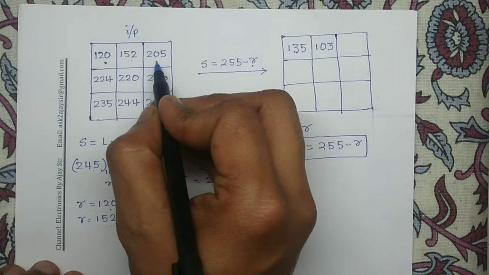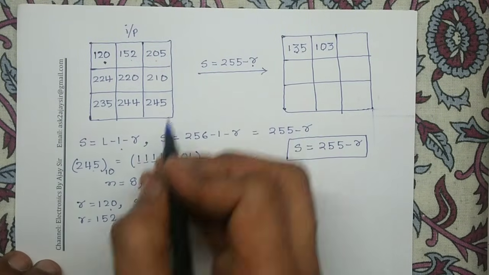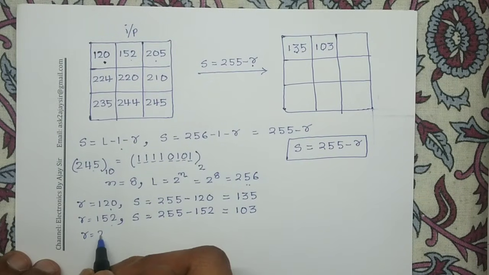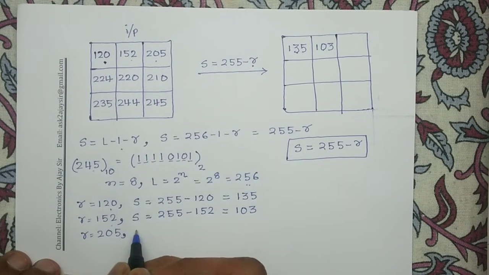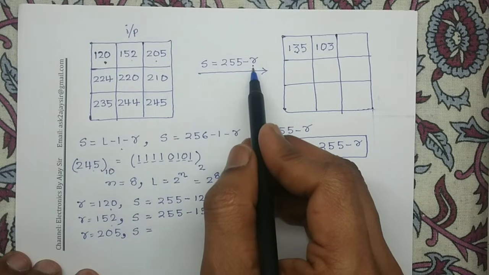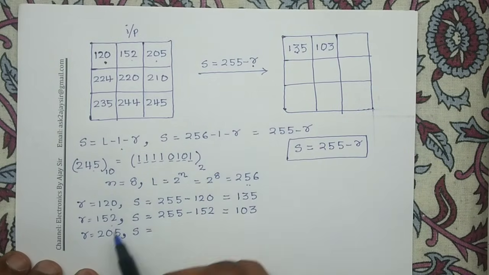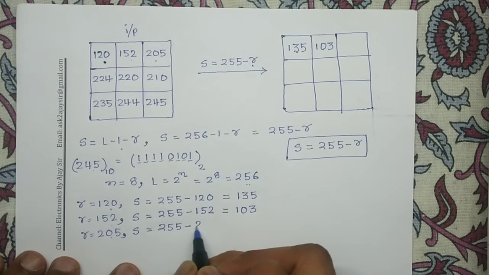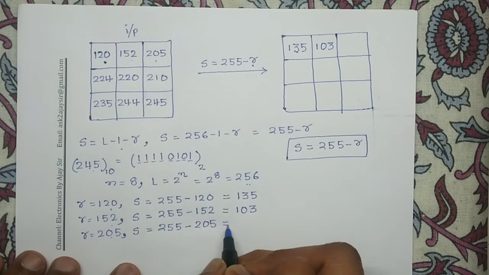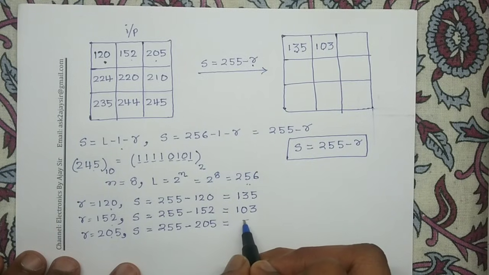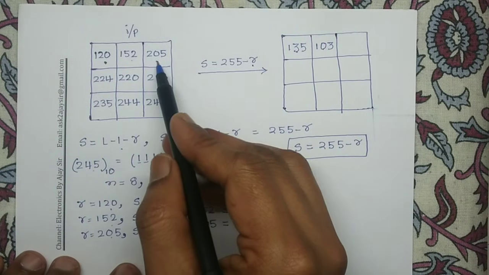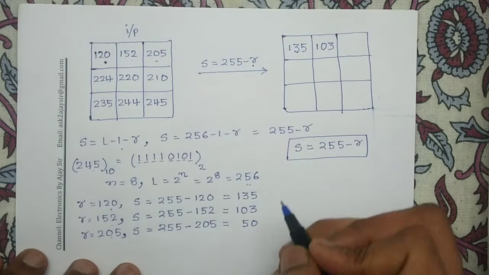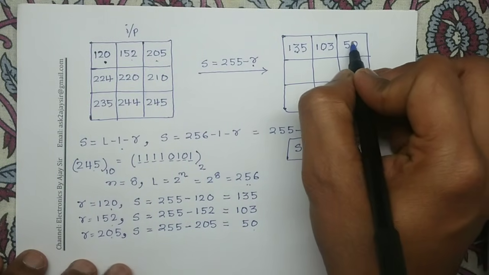Next, similarly for this pixel, for the intensity level 205, the equation of S becomes 255 minus 205. It is equals to 50. So for this given input intensity level 205, we have obtained the output intensity level 50. So here I will write 50.